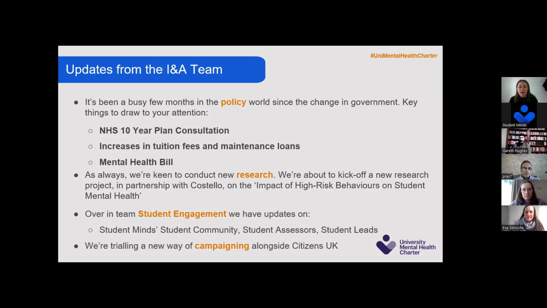So we are exploring the impact of higher risk ways of making money on student mental health. So that includes things like gambling, investment, sex work, buying and reselling items on the internet, that kind of stuff, based around insight that we're seeing come through about the cost of living and the impact of the cost of living on students and their behaviours.